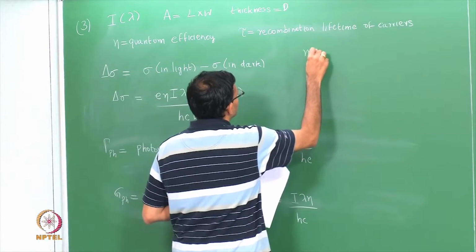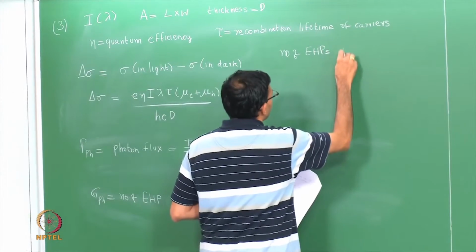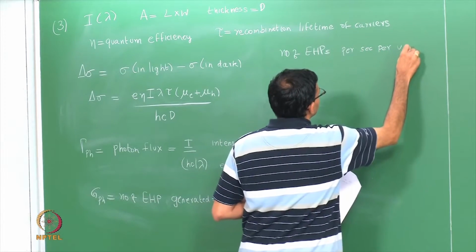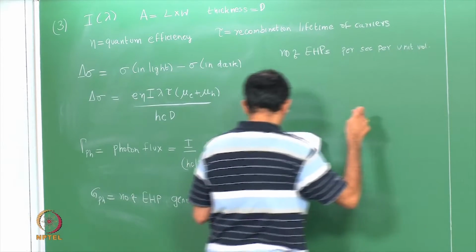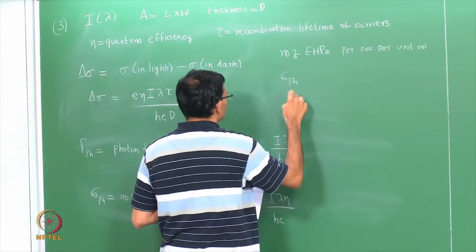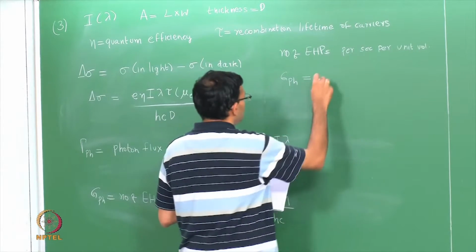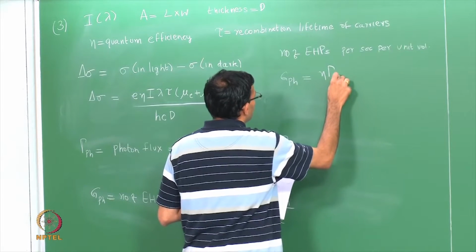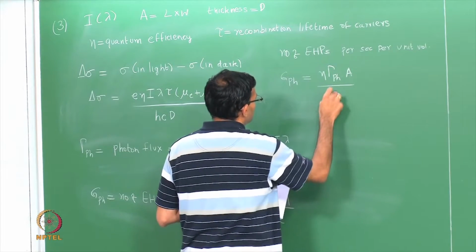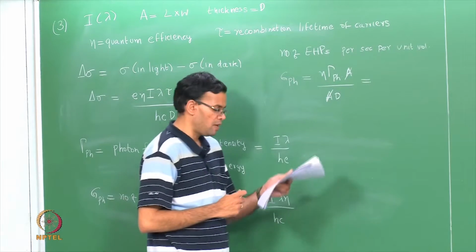So, the number of electron hole pairs per second per unit volume. So, again I am going to use the same symbol G ph, but now this is per unit volume, is nothing but eta times phi ph times A divided by the volume. So, A gets cancelled, we can plug in the value of phi ph.